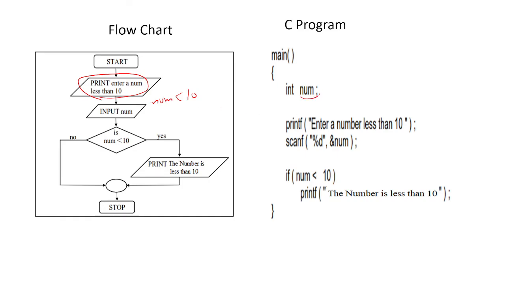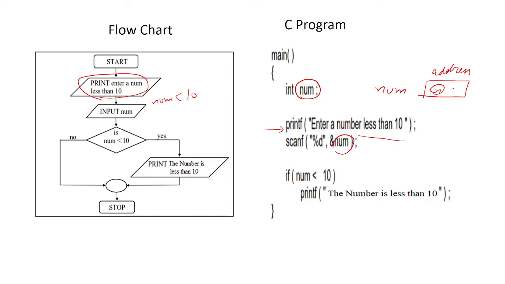We can see in the C program that num is taken as an integer variable, and a statement is written to enter a number less than 10, and it will be stored at the location num. Means if we have some location which has the name num and some address, then at this address the number is stored.